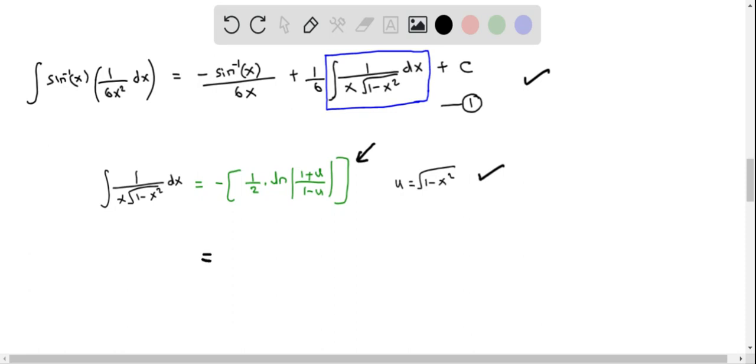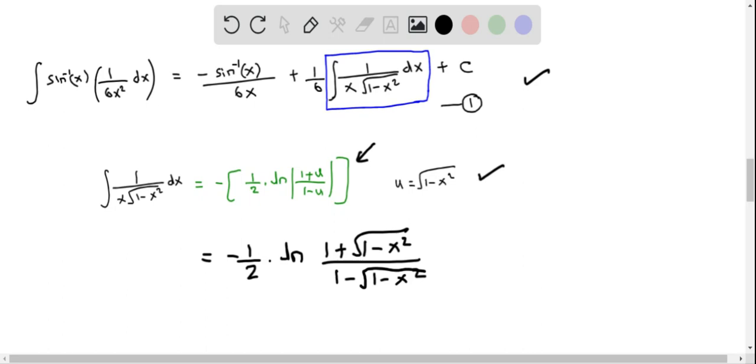So this becomes negative 1 by 2 times the natural logarithm of 1 plus u, replaced as the square root of 1 minus x squared, over 1 minus u, which is 1 minus the square root of 1 minus x squared, in absolute value. So we have determined this integral, 1 over x times the square root of 1 minus x squared dx, equals this expression, which means we can replace it over here.